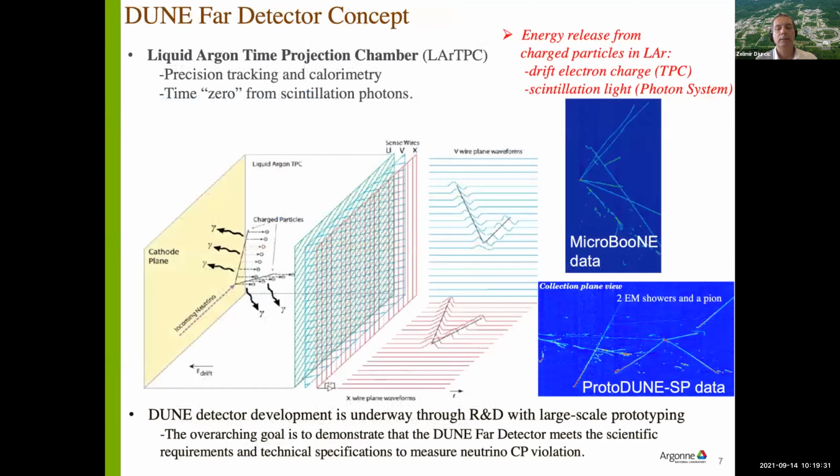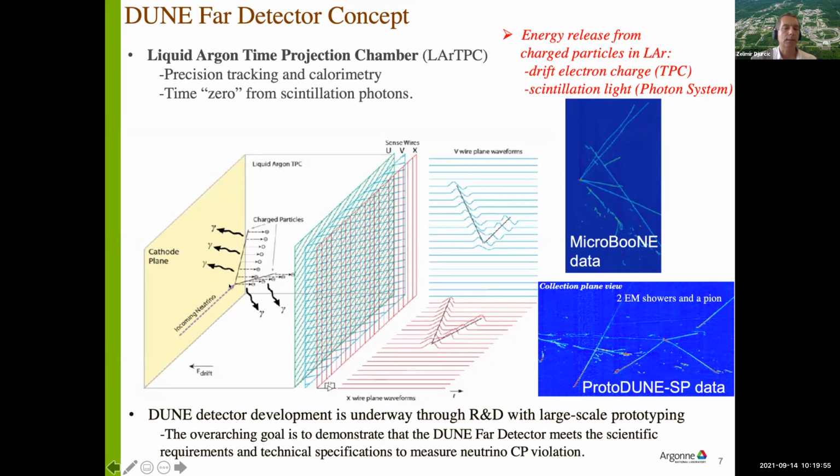Elena actually provided a really nice introduction, and other talks as well, on liquid argon TPCs, as Mark also mentioned in the previous talk. I'll just remind you briefly that the DUNE far detector concept is based on the liquid argon time projection chamber. Here is a cartoon of the drift volume where you have a cathode and anode, and here is the electric field.